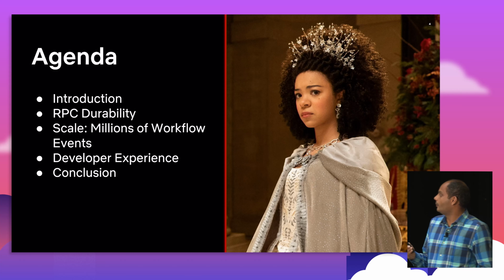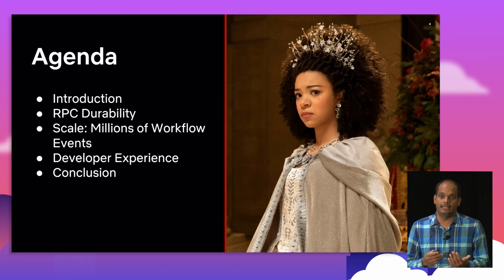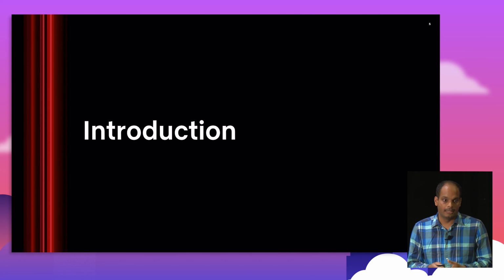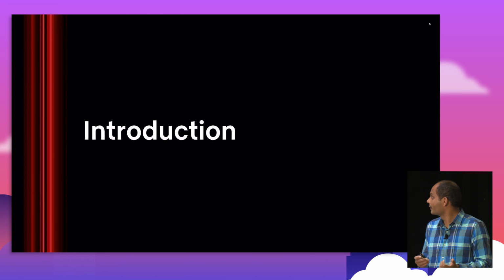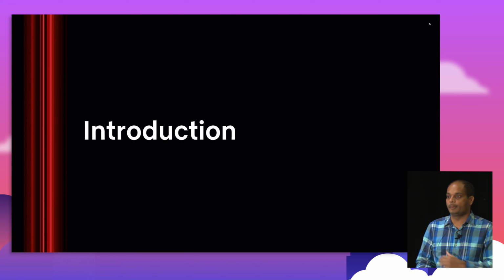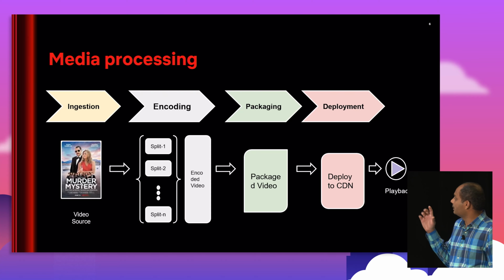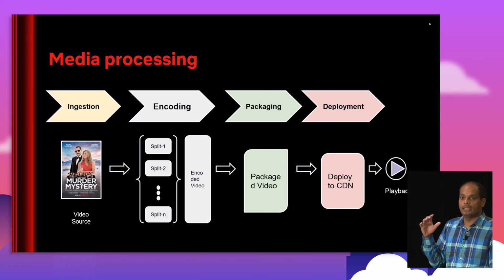So to get us started, so that you can appreciate the complexity that we go through in this space, I would like to present what a media processing workflow looks like. This is a very simplified version, showing the steps involved at a very high level to take a title and make it ready to be playable on the Netflix product.